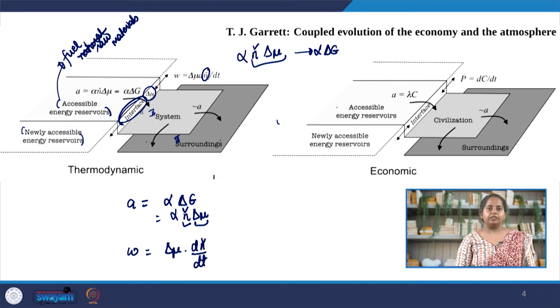The faster the material units being transferred from reservoirs to the system change, the faster the interface expands. And then obviously there is dissipation happening. The first law of thermodynamics stands true because the system is continuously being heated up, but it's also losing heat in a dissipative way to the surroundings. The second law works because the energy flow is happening from higher potential to lower potential.